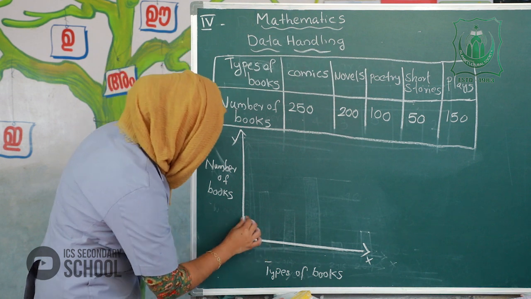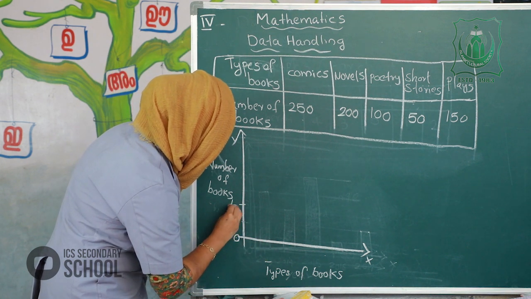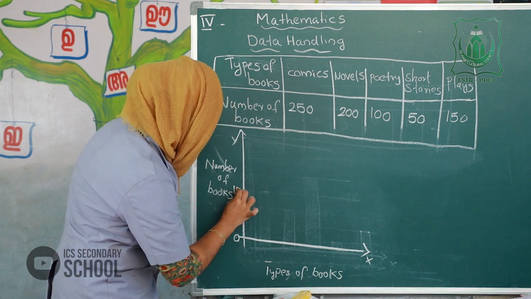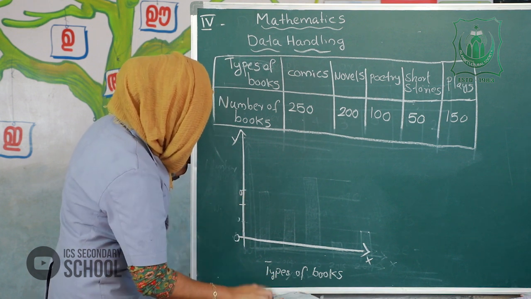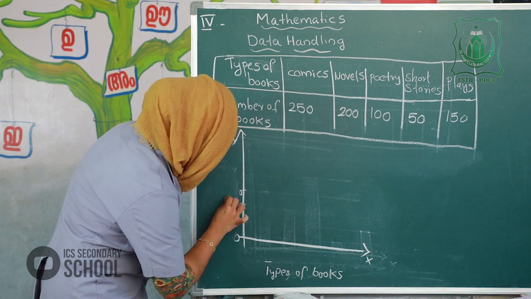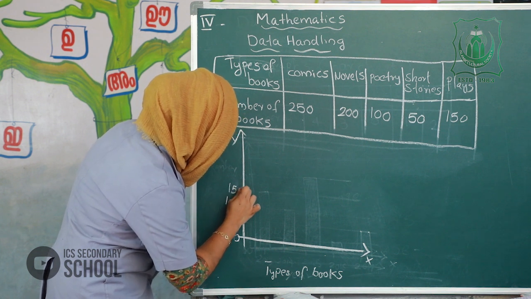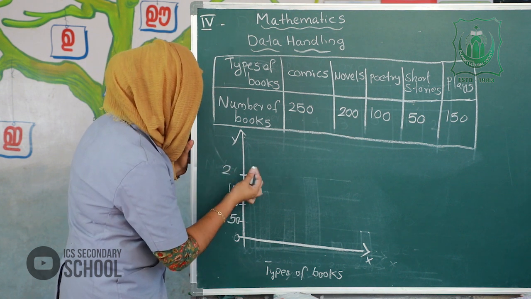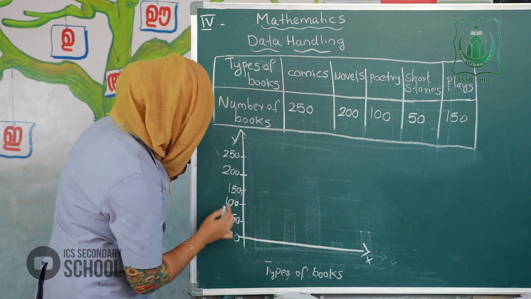You can start from 50, 100, 150, 200, 250, and this is types of books.